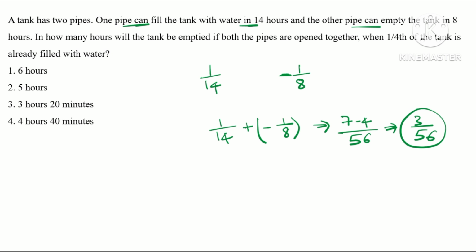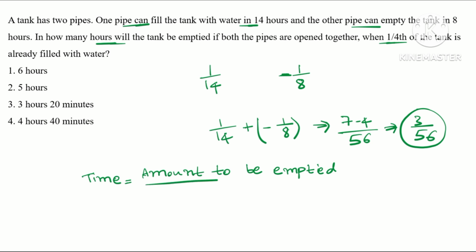They have given that 1 by 4th of the tank is already filled with water and they are asking to find out how many hours. So they are asking to find out time. We know time equals the amount to be emptied by the net emptying rate.